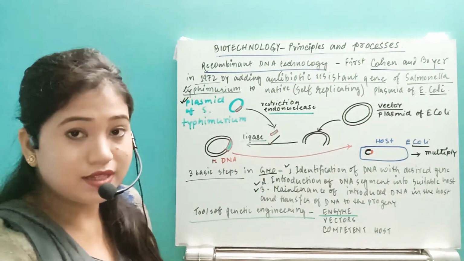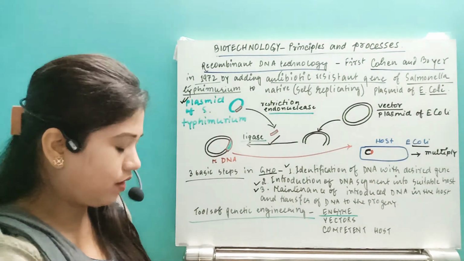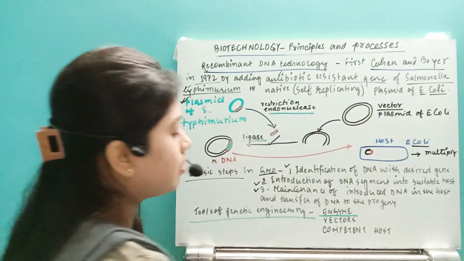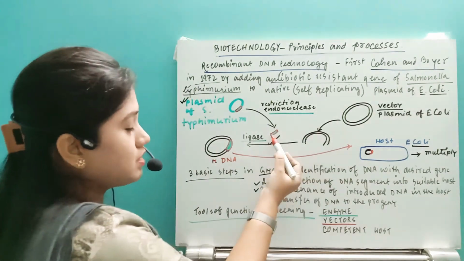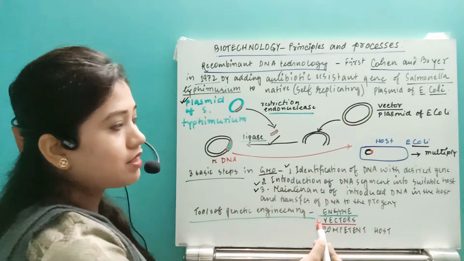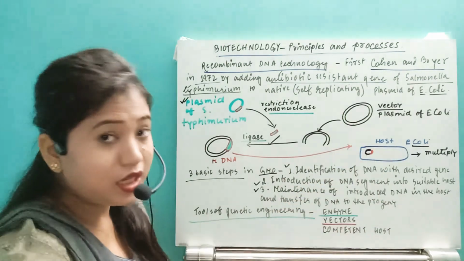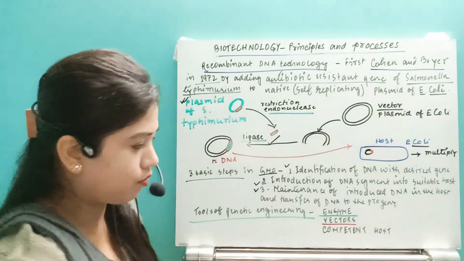These two enzymes are going to be very important. Next, what we need is the vector, which will carry our desired gene into the host body. In this case, which is the vector? This is the plasmid of E. coli, which will carry the gene fragment into the host body.